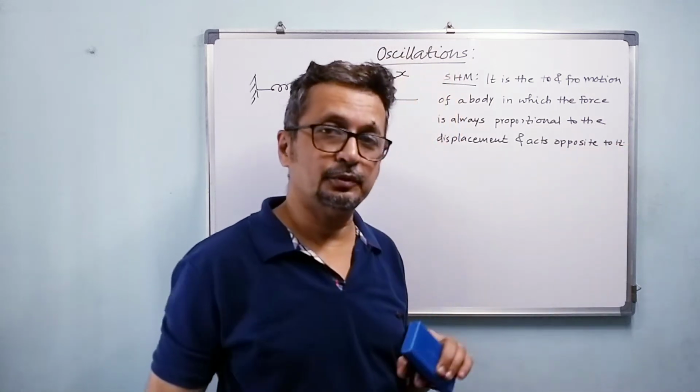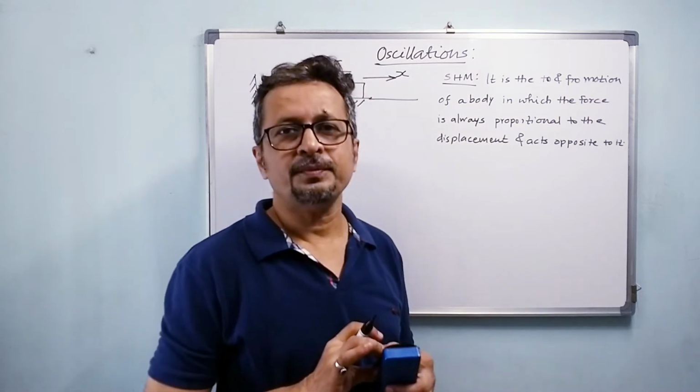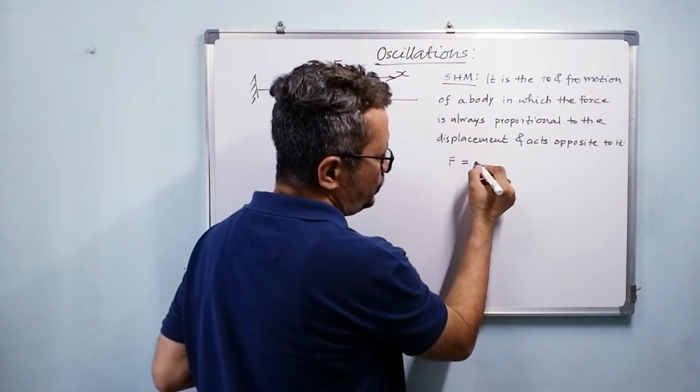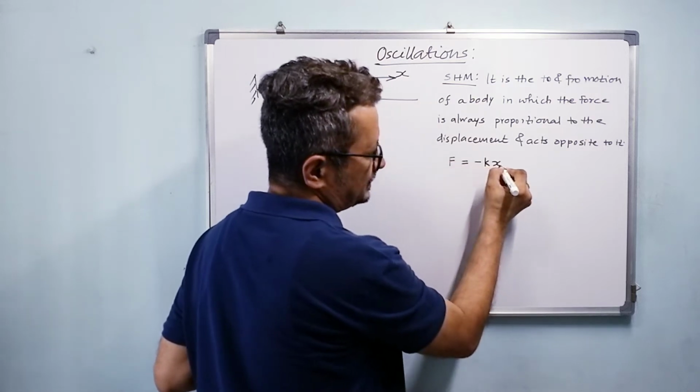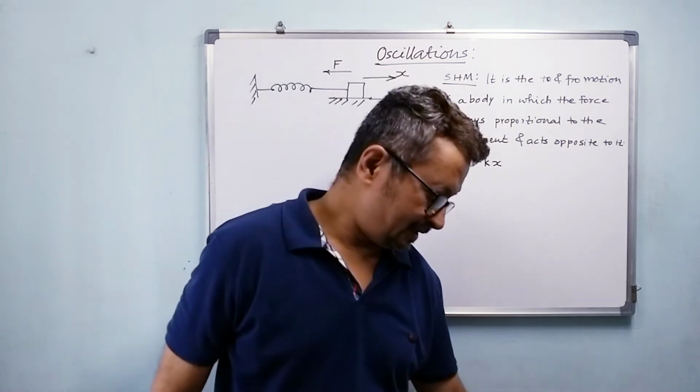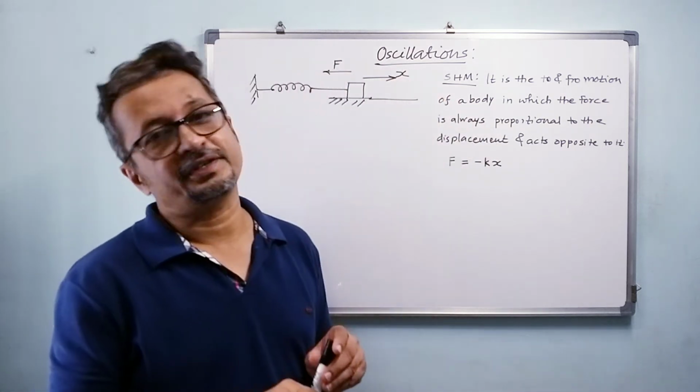When I say opposite, it means opposite to displacement. So what we have is F is equal to minus k into x. That is the definition of simple harmonic motion.